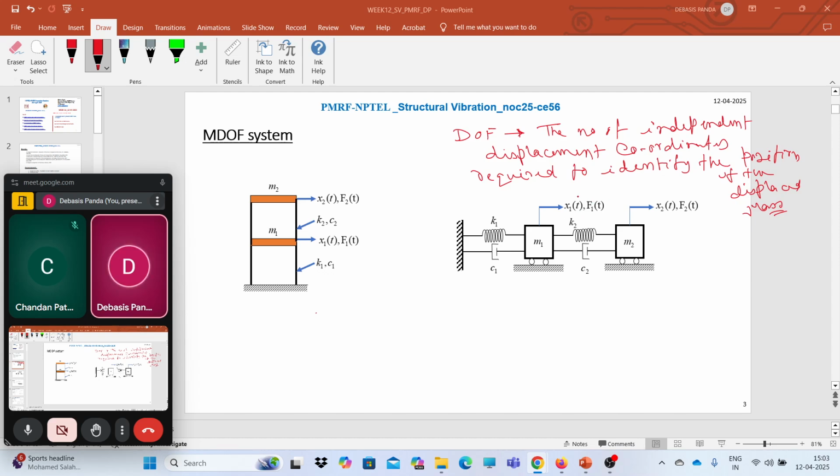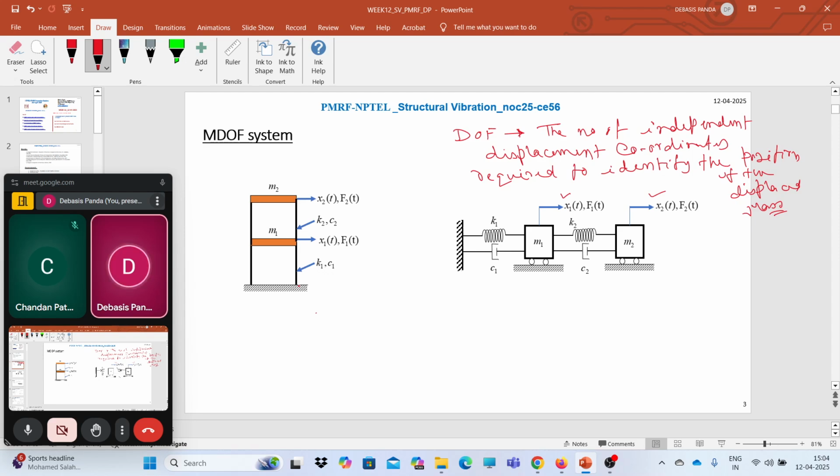So here we have considered that x1 and x2 will be the 2 degrees of freedom corresponding to these two masses, right? And for the MDOF system, the external force may act on each degree of freedom, or specifically on a particular degree of freedom.